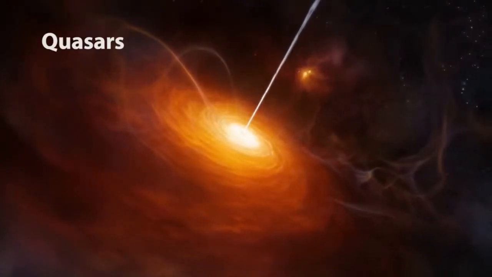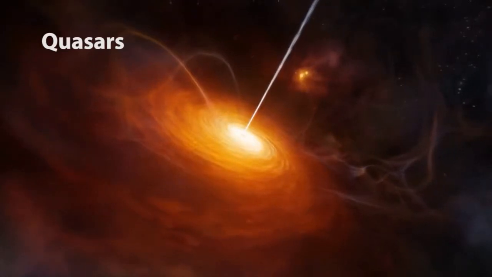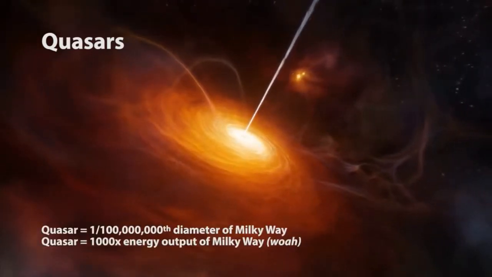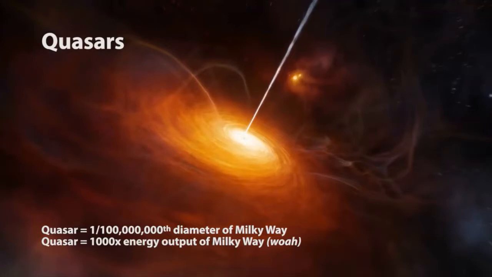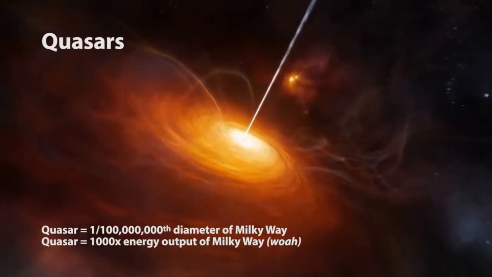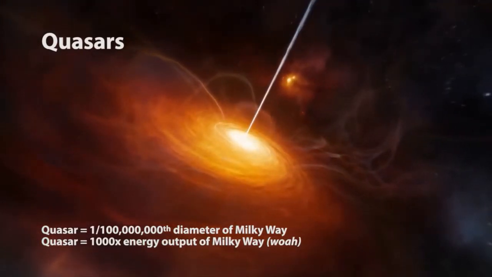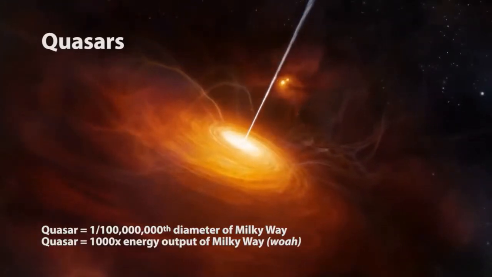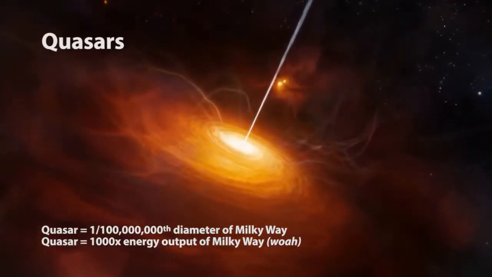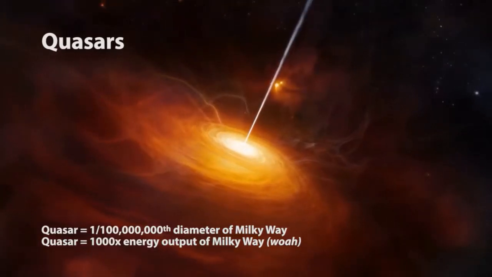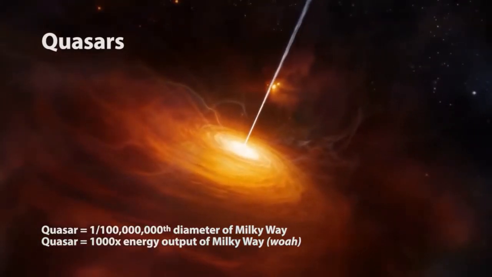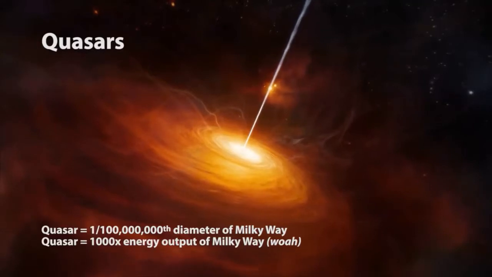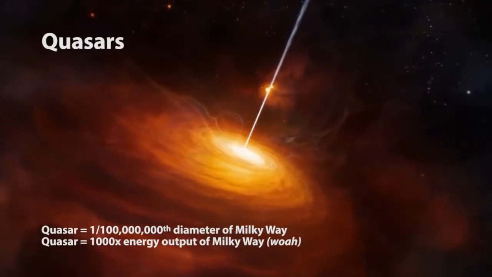Even though they're only about the size of our solar system, they emit up to 1,000 times more energy than the entire Milky Way galaxy, which contains between 200 and 400 billion stars. They're made up of supermassive black holes that are consuming so much material that they shoot giant jets of particles traveling at nearly the speed of light thousands of light years into space. Yeah, quasars are pretty awesome.